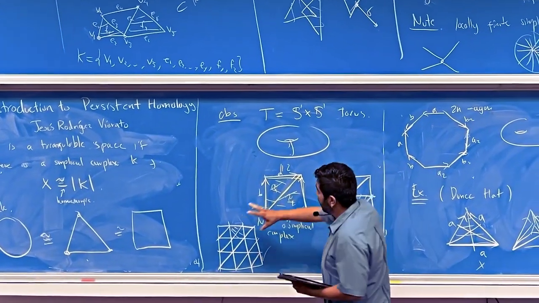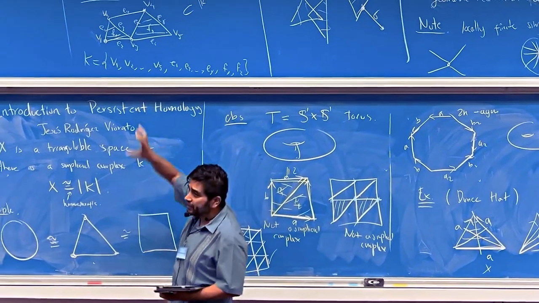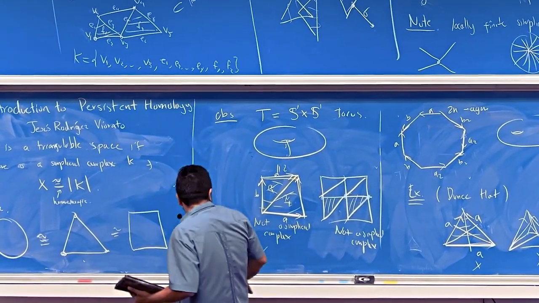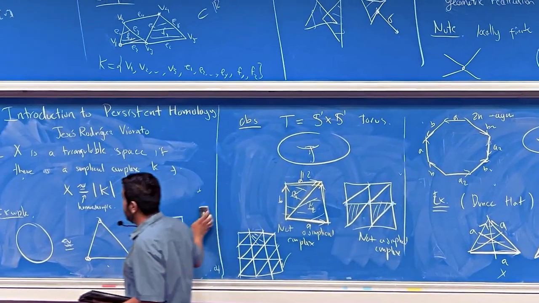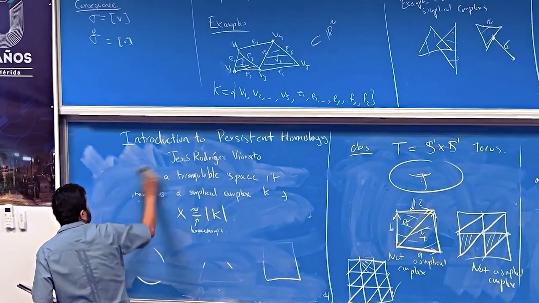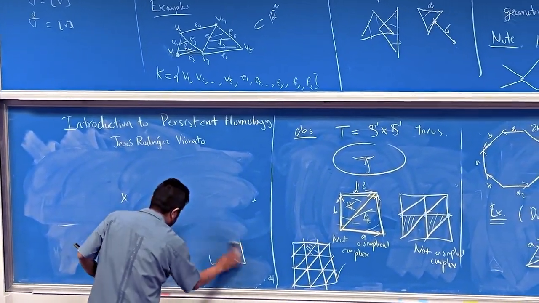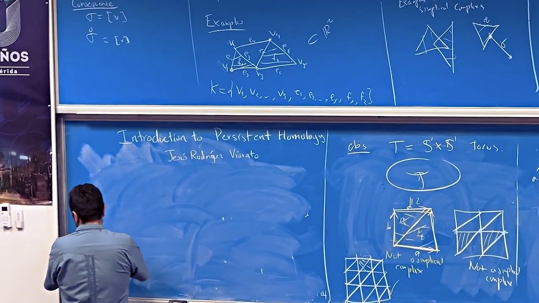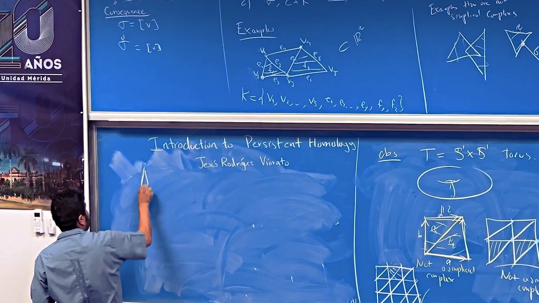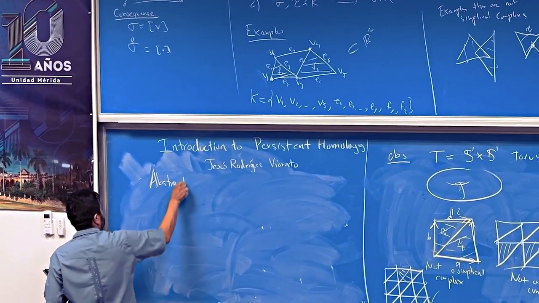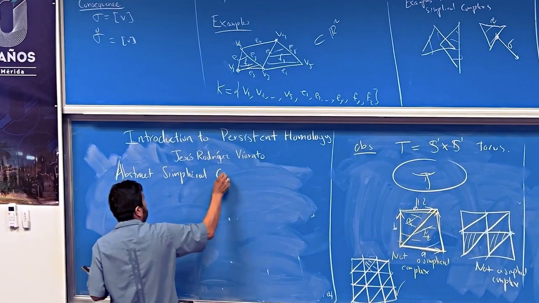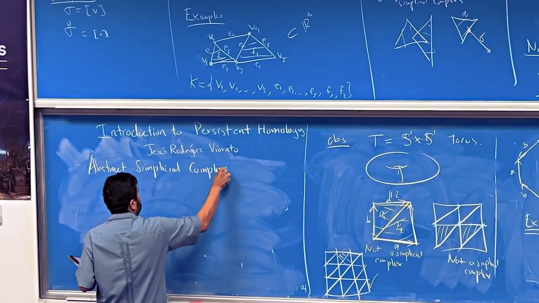Here we are using as pieces very specific triangles embedded in a space to describe the simplicial complex. But we can do the same thing using something called an abstract simplicial complex.